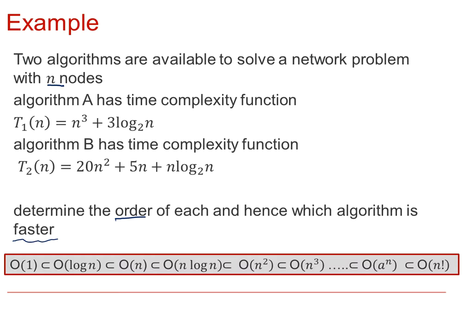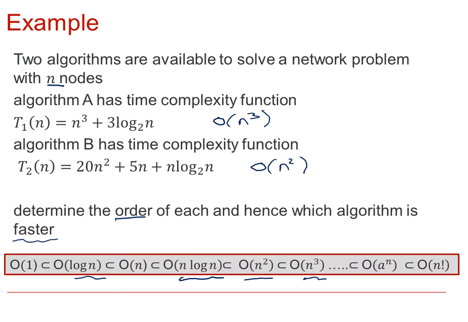The term higher in the hierarchy given dominates, so we would say that A was of order n cubed, because we can see that the log n comes below the n cubed in the order, and that B is of order n squared, again because the n log n comes below n squared.